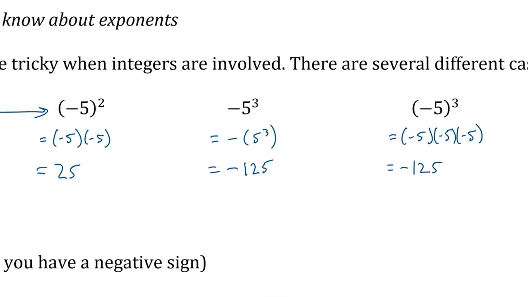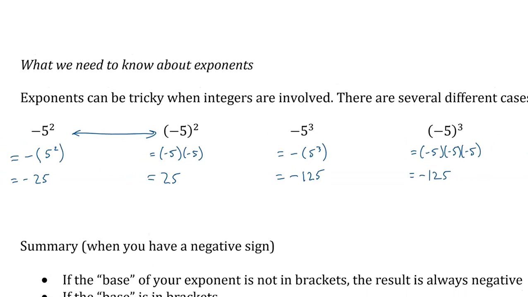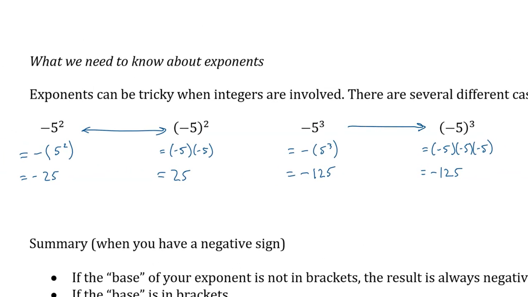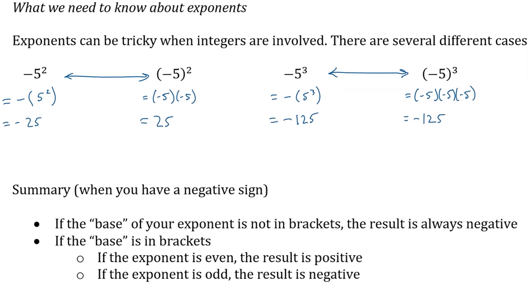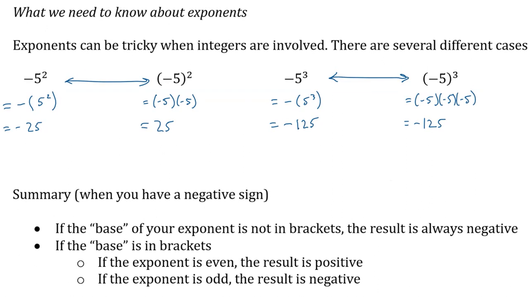Now take a look at these 4 cases all together. These 2 kind of go together, and those 2 kind of go together. And we can build a rule, and the rule is written below. If the base of your exponent is not in brackets, so that's the first one and the third one, the result's always negative, because the negative is not being multiplied through.